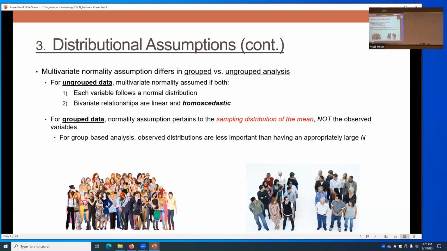Now for group data, which is what we did all last semester, our normality assumption involves the distribution of sample means, not the actual variables.